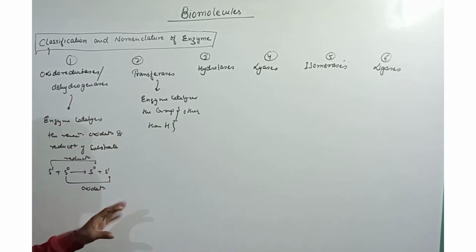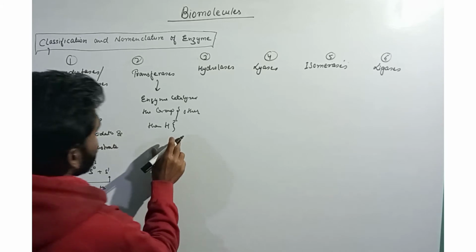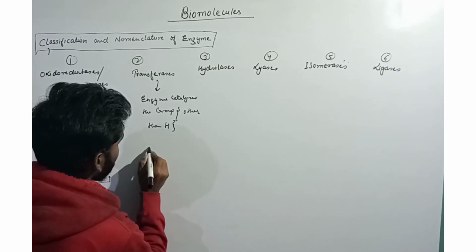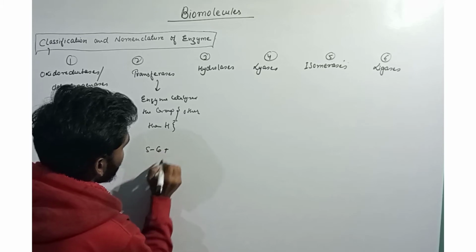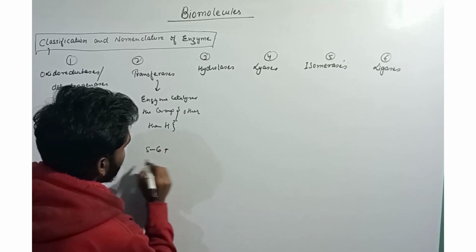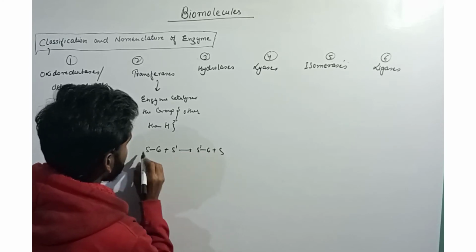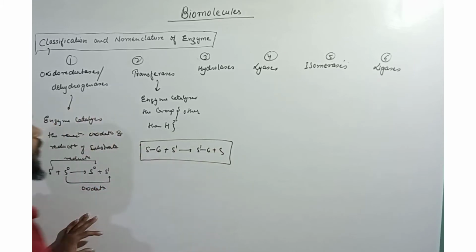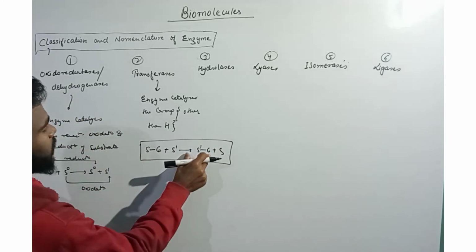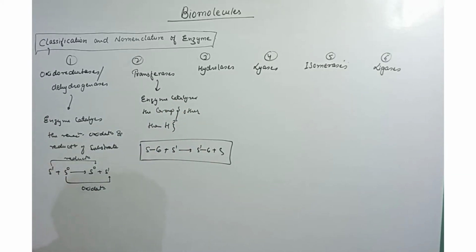That is common sense: gaining and removal of hydrogen is oxidation or reduction, which comes under oxidoreductases. But when the enzyme catalyzes transfer of a group other than hydrogen, that is called transferase, class 2.